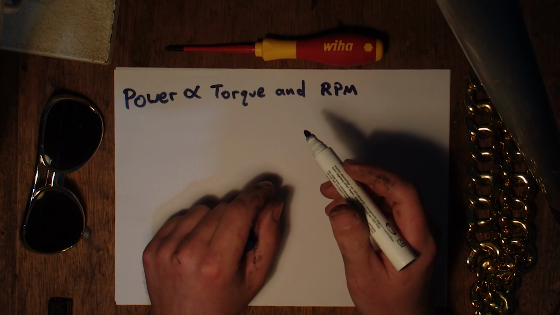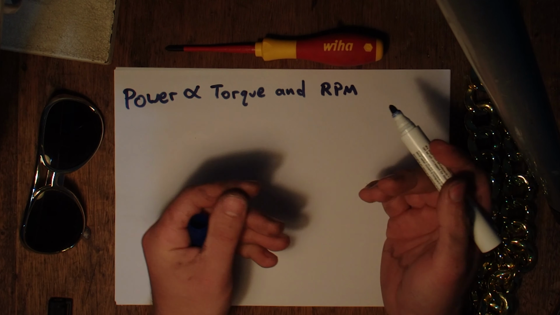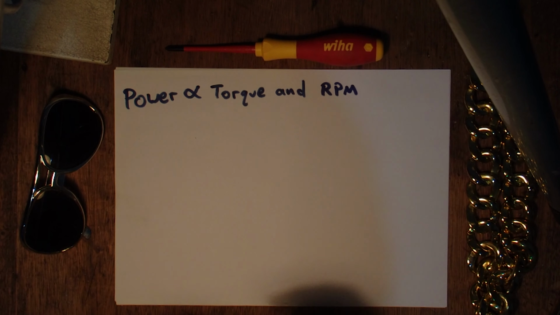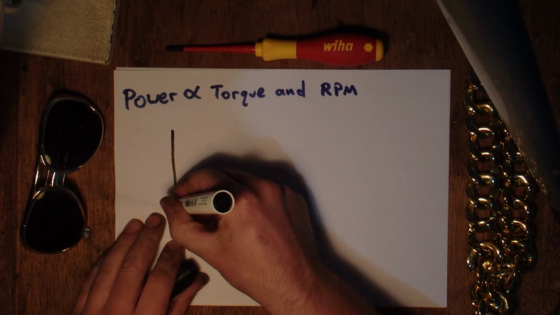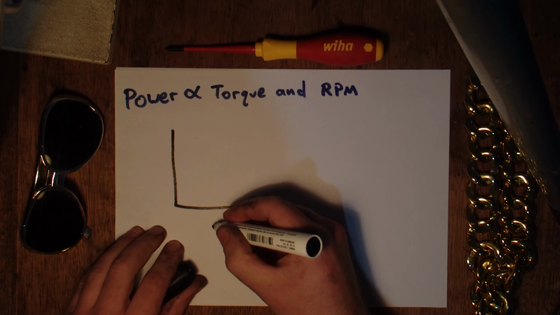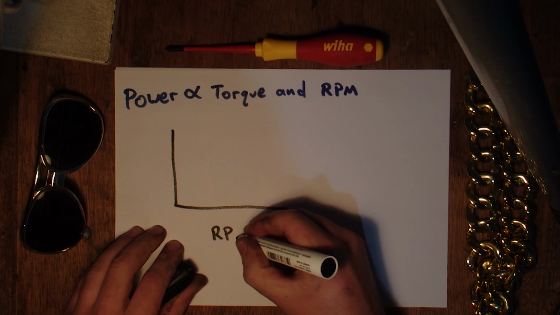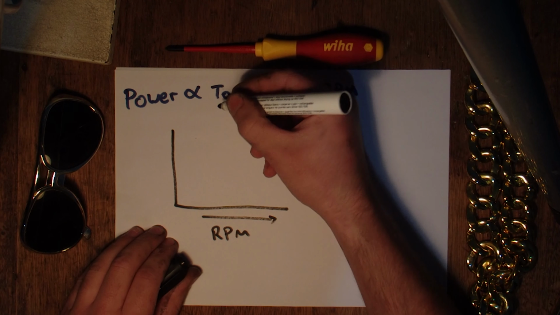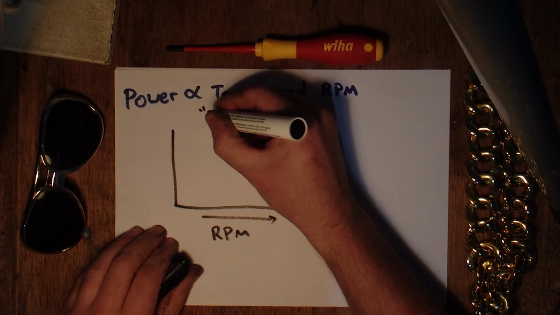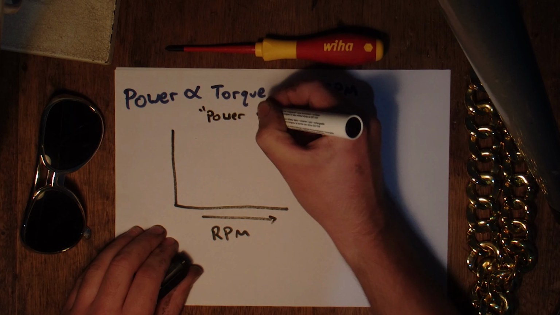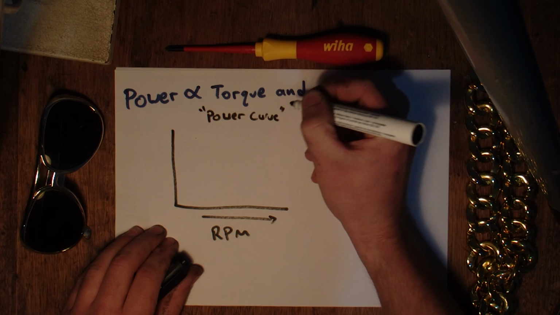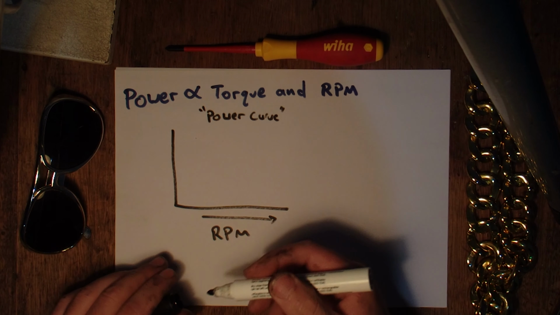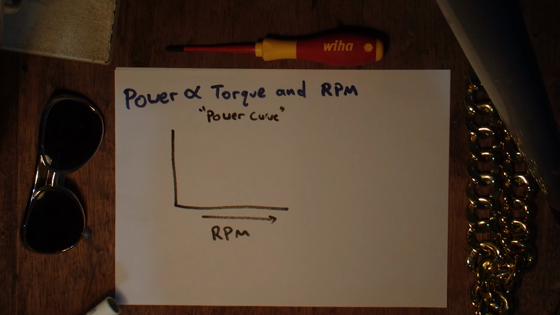When we're trying to determine how a car is going to drive from a graph, you'll often see a graph with RPM on this axis, and this will be the power curve. You'll have different RPMs along the length of it, and you'll end up with two lines.